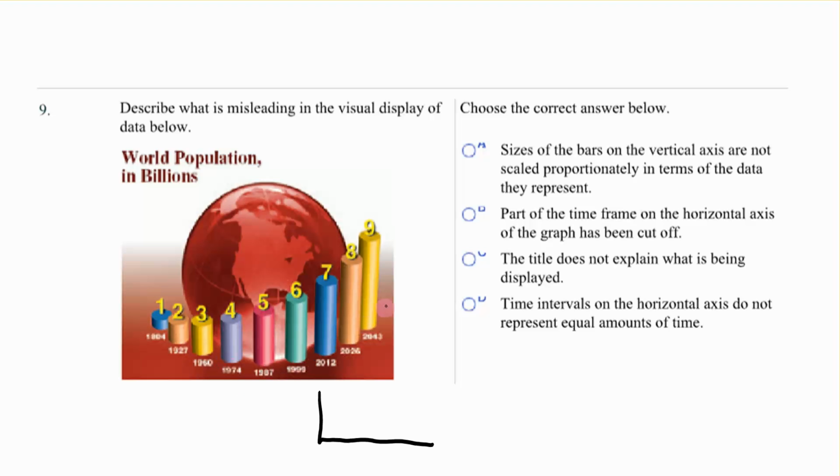It makes it appear that this is happening on regular intervals, and it is not. That is what is misleading. On a graph like this, here would be a mark, and then here would be a mark, and then here would be a mark way over here, and then another one close, and yet they are evenly spaced. So that's what's misleading. It's the horizontal axis and the placement of those.